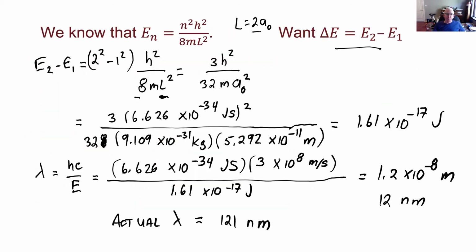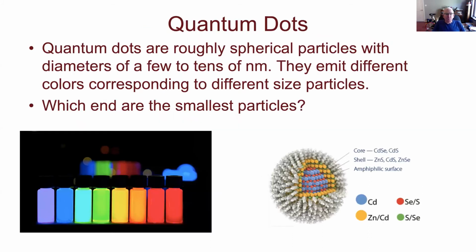And so, whoops, wrong direction. If I look at these, I have to know that the blue and purple end of the spectrum is large photon energies or short wavelengths, and the red end are these small energies.